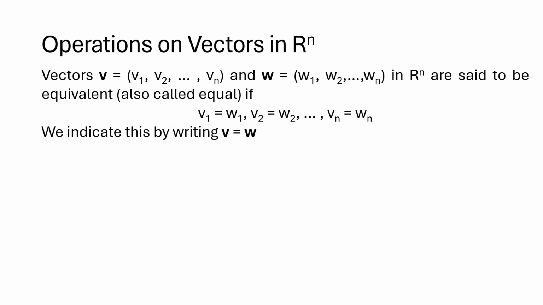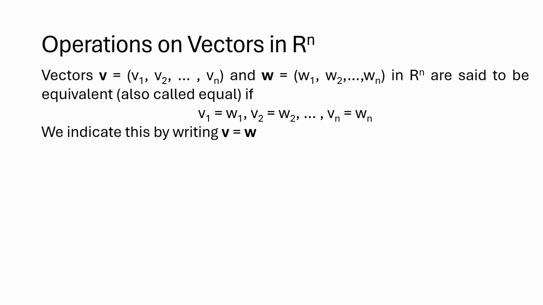So we denote the vector v in R raised to n as v equals v sub 1, v sub 2, to v sub n, and we will call 0, 0, to 0, the zero vector.